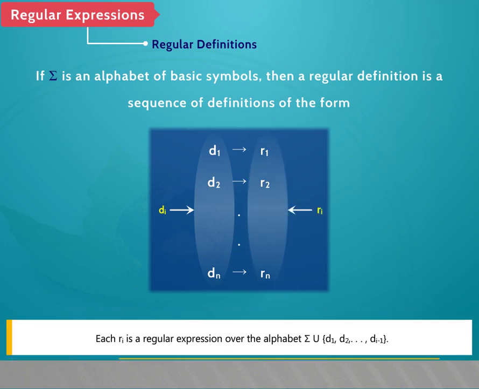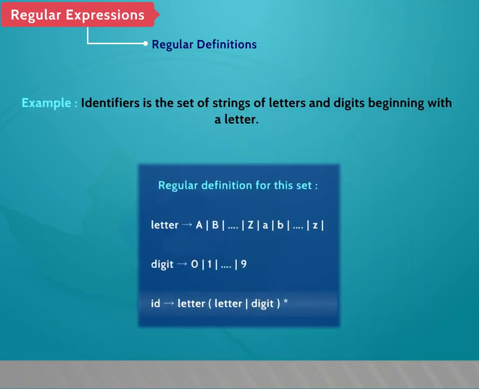Each Ri is a regular expression over the alphabet Σ ∪ {D1, D2, ..., Di-1}. Example: an identifier is a set of strings of letters and digits beginning with a letter. Regular definition for this set: letter → A|B|...|Z|a|b|...|z, digit → 0|1|...|9, id → letter (letter|digit)*.